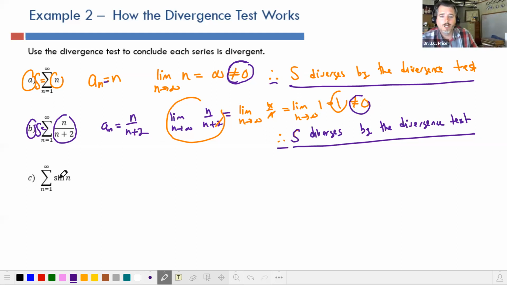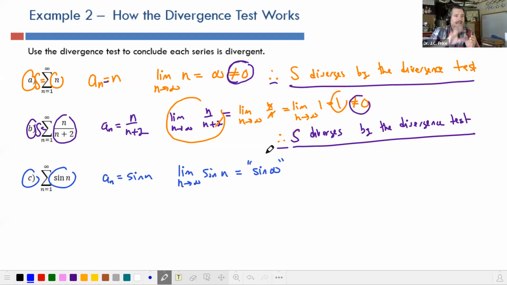All right, one last one. Let's do this one in blue here. My a sub n is equal to sine of n, and now we take the limit as n goes to infinity of sine of n. If you want, you can just plug in infinity to see what you get. So what happens with sine of infinity?